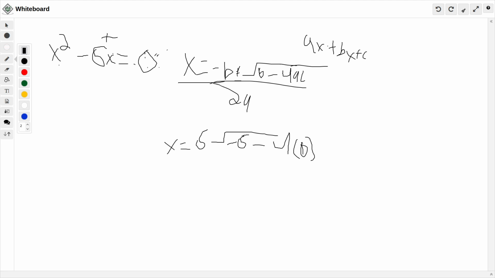There's no constant, so that would be 0, and that would be negative 6 to the power of 2, which would be 36. But 36 minus 0 is still 36, obviously.